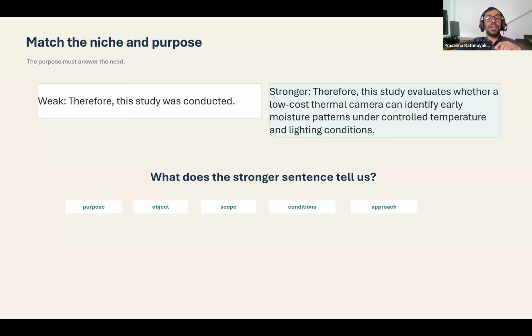Yes, Akila, I'll be elaborating on it, don't worry. Let's move on to the second, stronger version. Therefore, this study evaluates whether a low-cost thermal camera can identify early moisture patterns under controlled temperature and lighting conditions.